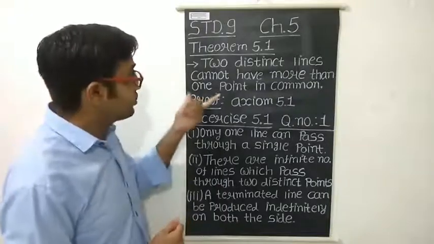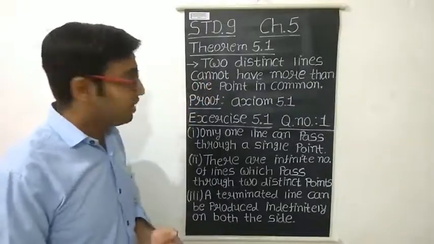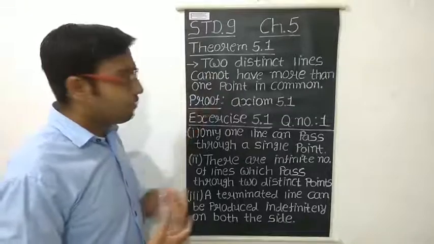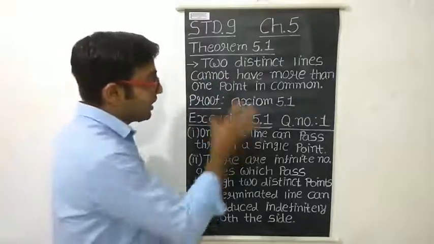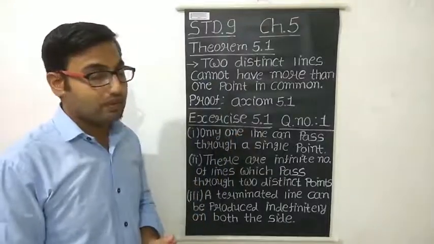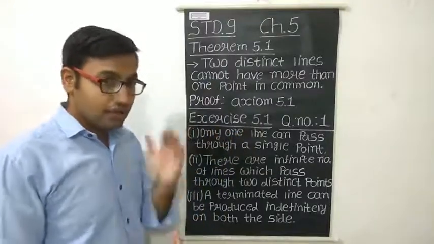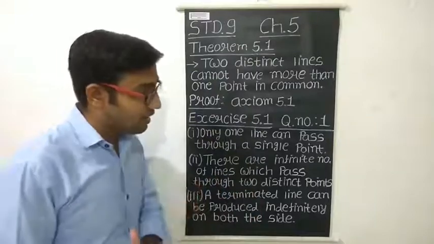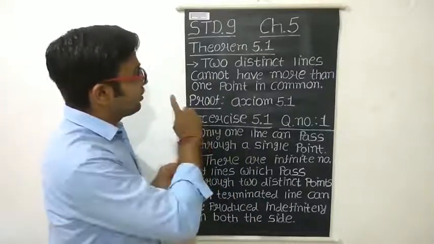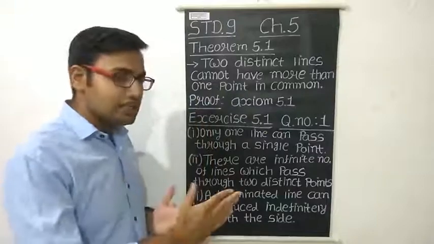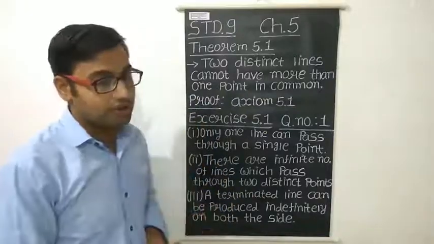As I have said, the theorem needs a proof. To prove it, we can use axiom 5.1, which we already studied. And axioms are statements that are universal truths. So let's suppose that two distinct lines intersect in two different points.